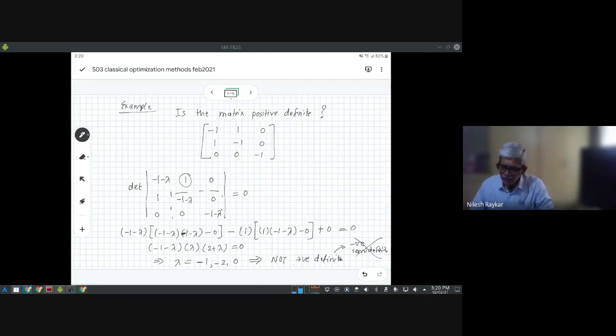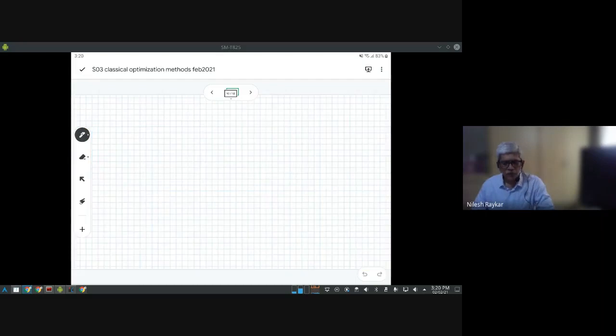So let's move to the multivariate problem and their optimization. Similar to the Taylor series expansion for single variable problems, there is a Taylor series expansion for multivariate functions as well.